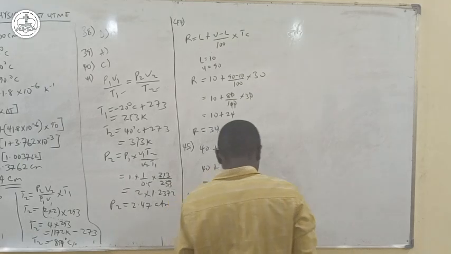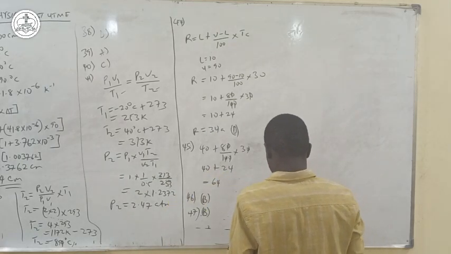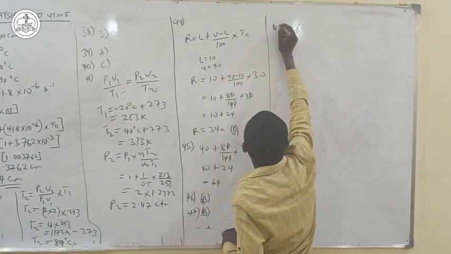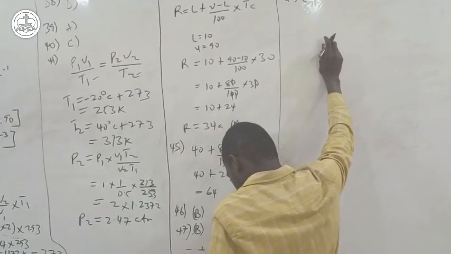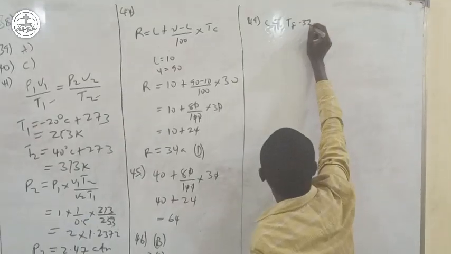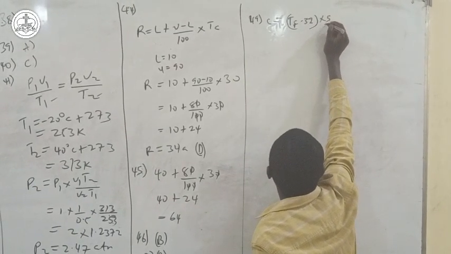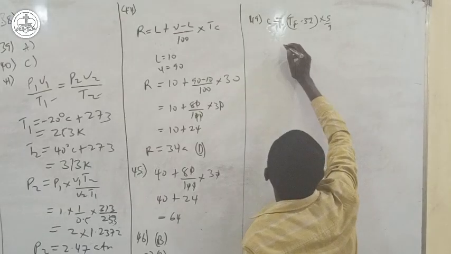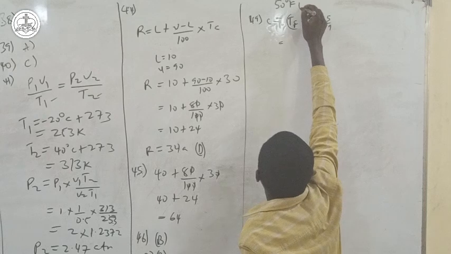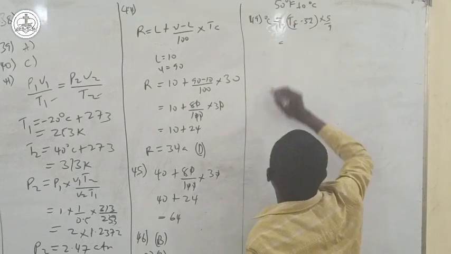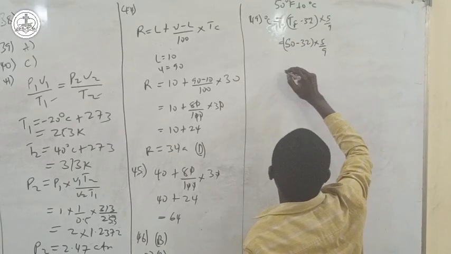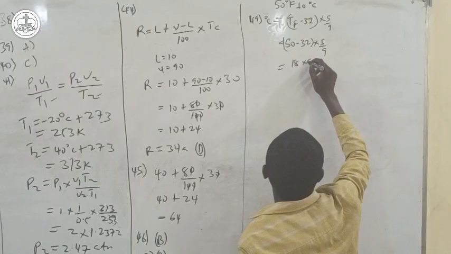So we want to convert to Celsius, which is equal to Cf minus 32 times 5/9. They gave us 50 degrees Fahrenheit, so this is 50 minus 32 times 5/9. So this is going to be equal to 18 times 5/9.